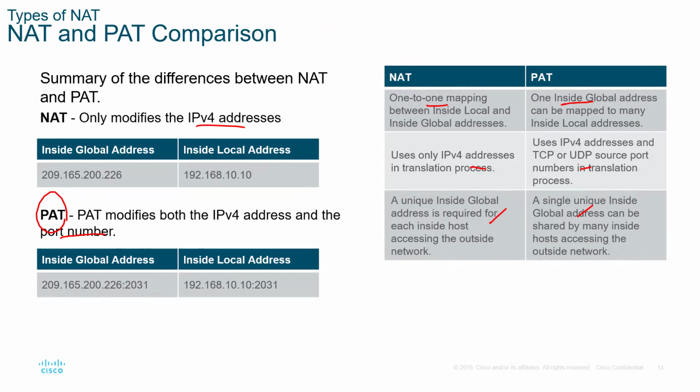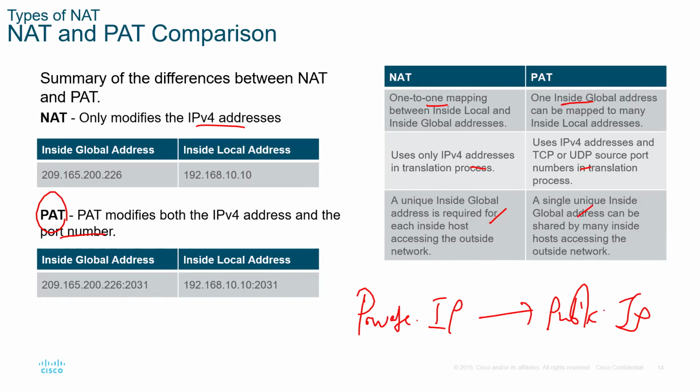If you take a look at static, do we have address conservation? The answer is no. Why? Because for every private IP, we have a public IP. So what are we conserving there?